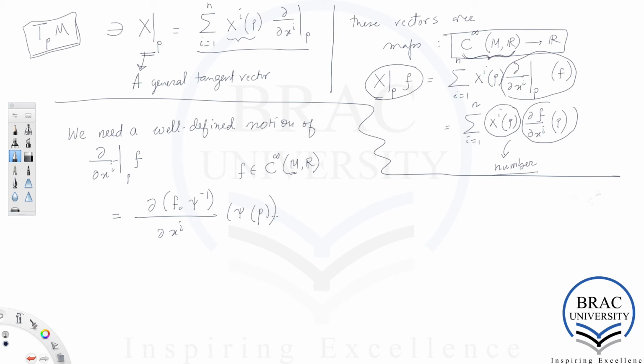Okay, where p is contained in the following chart (U, psi), meaning that p is contained in this open set, and (U, psi) is a given chart containing p. So okay, f composed with psi inverse is of course a map from psi of U to what? R, right?